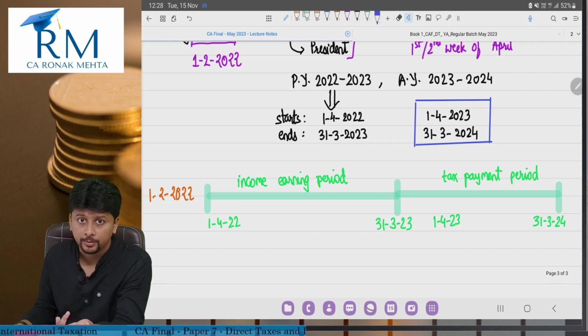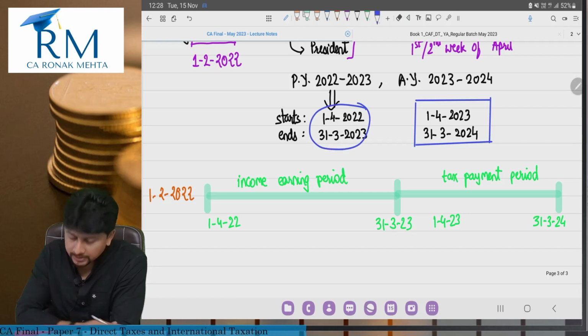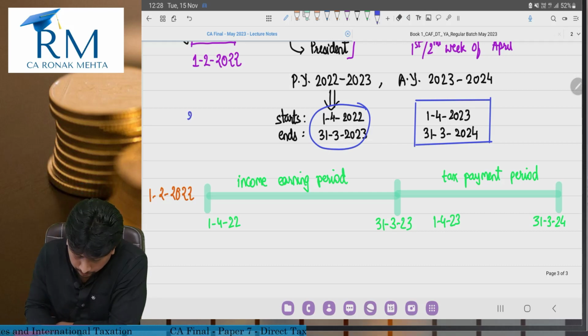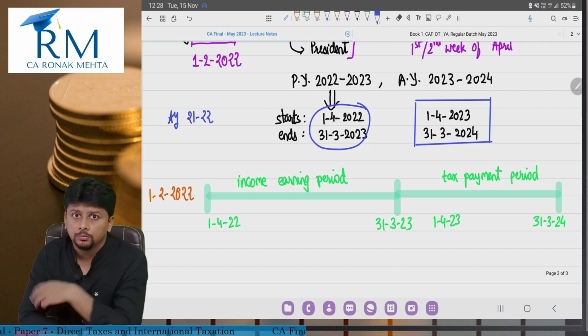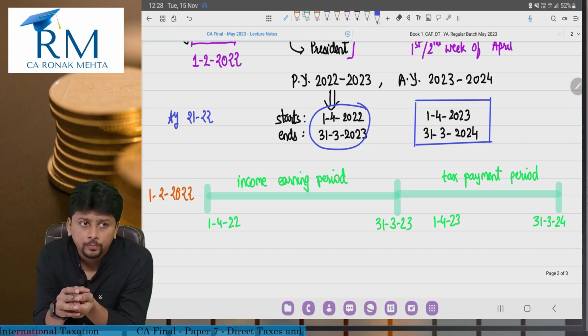But now if you think about it, even this is a period of 12 months starting from 1st of April. So 21-22 is also an assessment year. Now, what's my assessment year? 22-23 or 21-22?